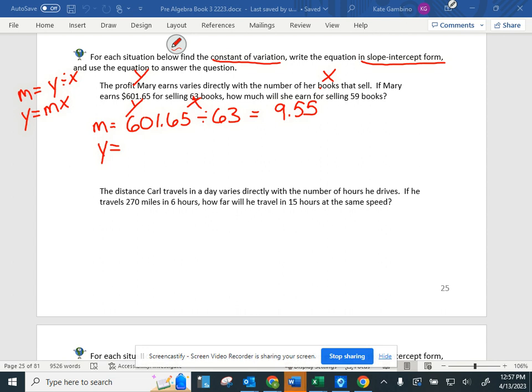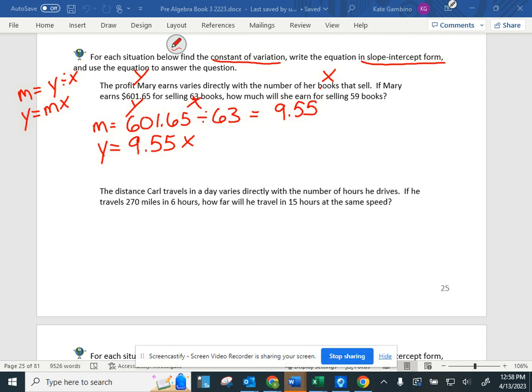So our equation is y equals mx. So what do I write for this problem? y equals what? What's our m? How do I finish off my equation? y equals 9.55x.